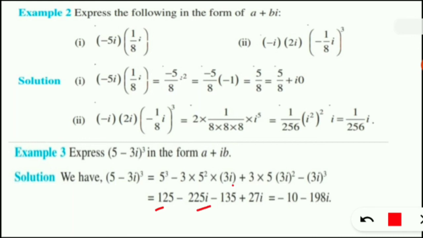After that 3 into 5 into 9, so 135 plus 135, and i square equals minus 1, that's minus 135, and last one is (3i) whole cube, so i cube equals minus i, that's why plus 27i. So after simplification, that's 125 minus 135, so minus 10, and minus 225i plus 27i, that's minus 198i. Okay, clear?